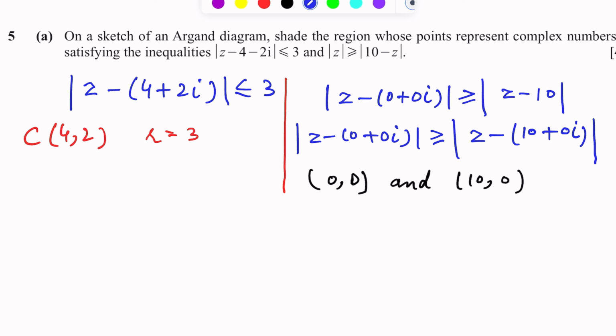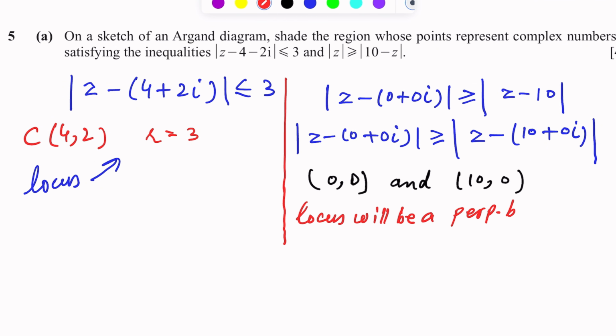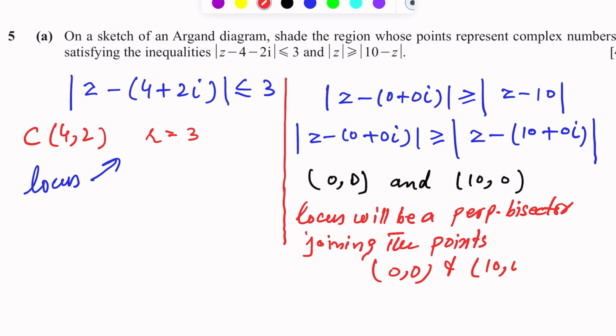So the locus here is a circle, and here the locus will be a perpendicular bisector joining the points (0, 0) and (10, 0).